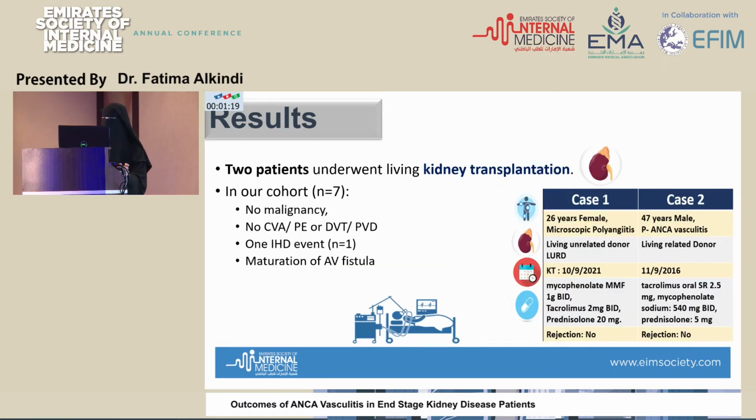So from the cohort of 7 patients, 2 patients underwent living kidney transplantation. That was successful, and they were maintained on triple immunosuppressive medications, and there was no episode of rejection. You can see the details of those patients there. Also, we did not find any malignancy in our cohort, but 1 patient had ischemic heart disease.